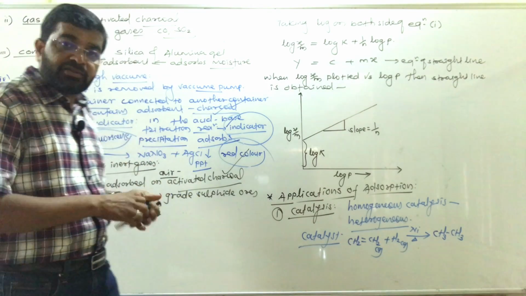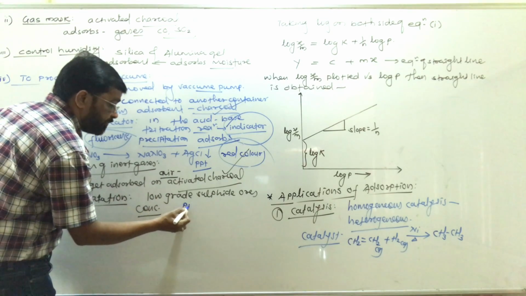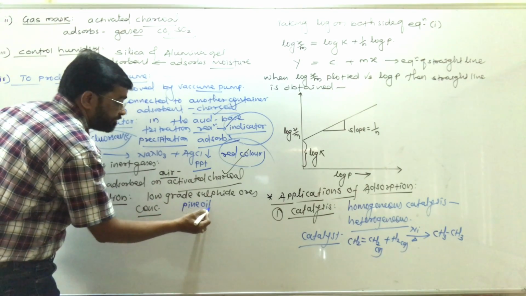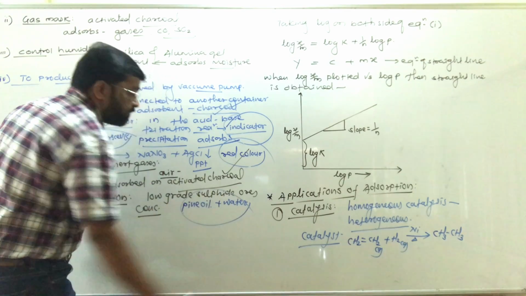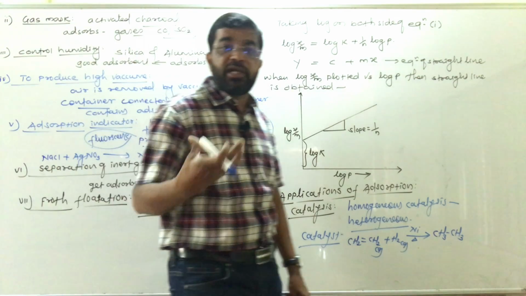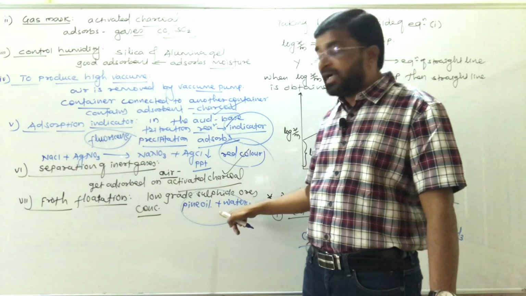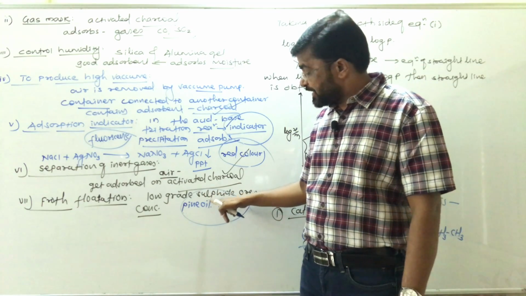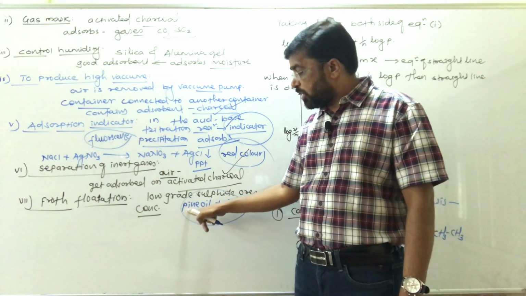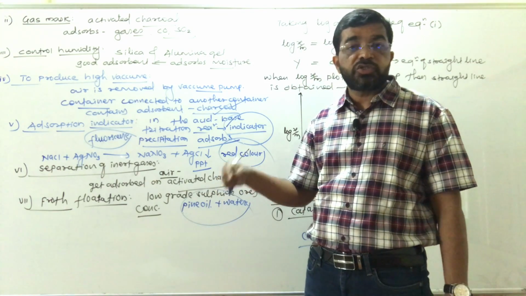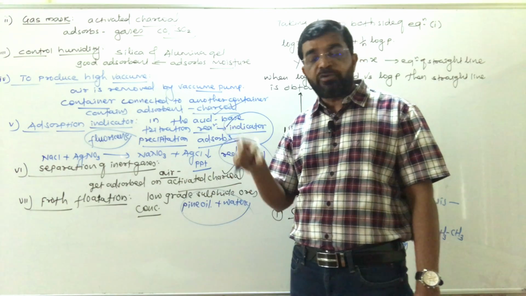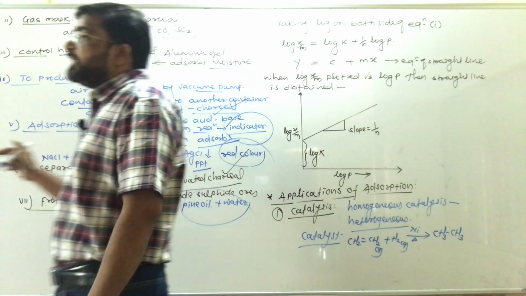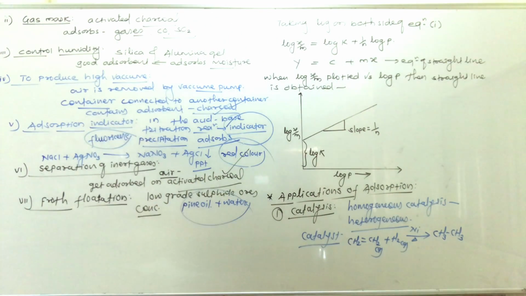In this method there is use of a mixture of pine oil plus water, and the finely powdered ore is agitated in the presence of pine oil and water. The ore gets adsorbed on the surface of the pine oil and is wetted by the pine oil, and in that process adsorption takes place.